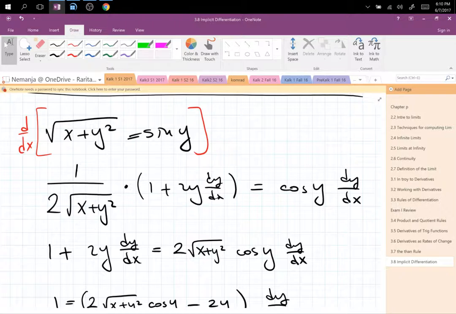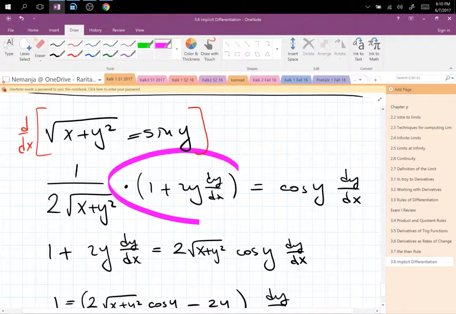The square root is the main function, and then it has x plus y squared plugged into it, so it's a chain rule. The second part is the chain rule, which is the derivative of the inside of the square root. The derivative of x is 1, the derivative of y squared is 2y dy dx. That's the chain rule part.